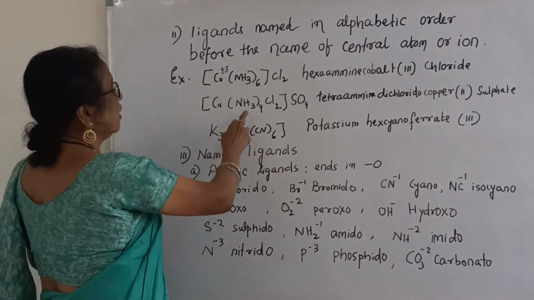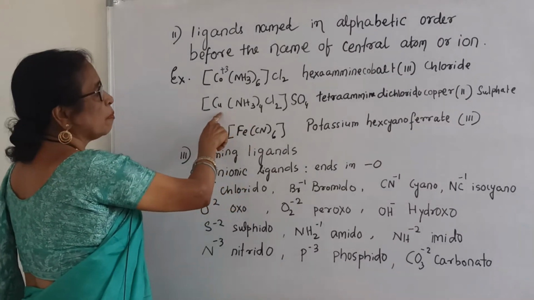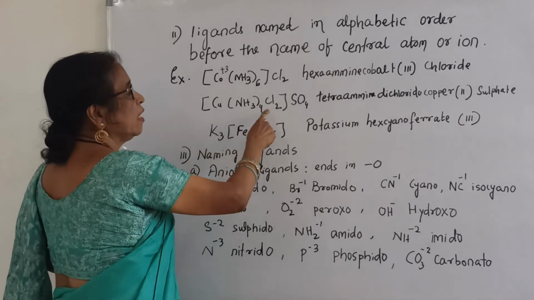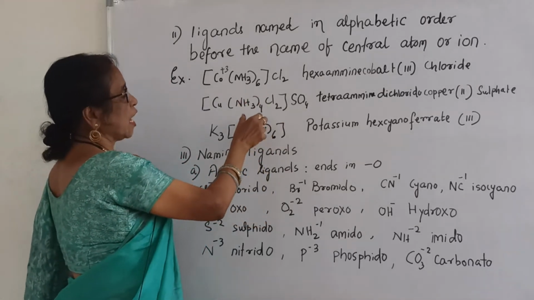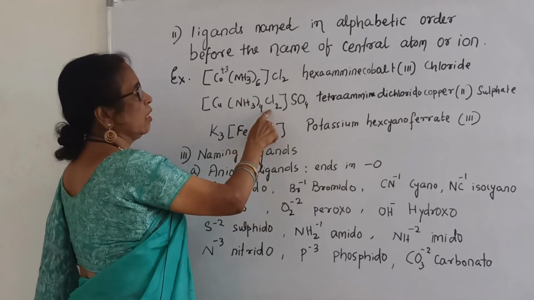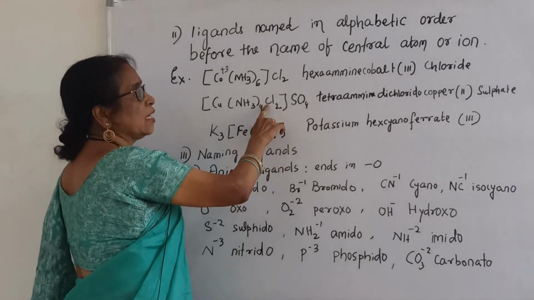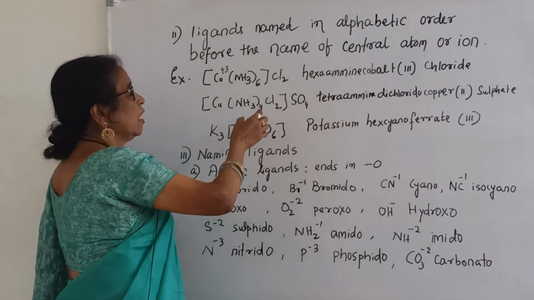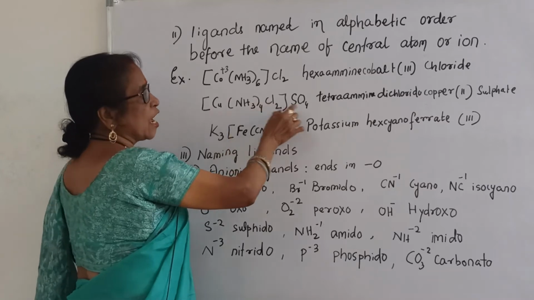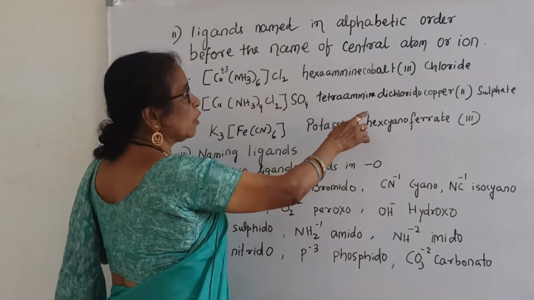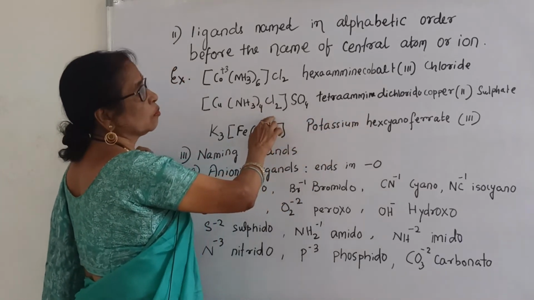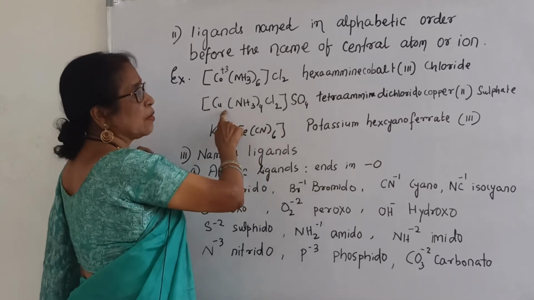Similarly, here tetraamine copper. There are 2 types of ligands, amine and chloride. Ammonia is called amine. Chloride is called chlorido. Then how many times? Tetraamine, dichlorido, copper. And what is the charge?